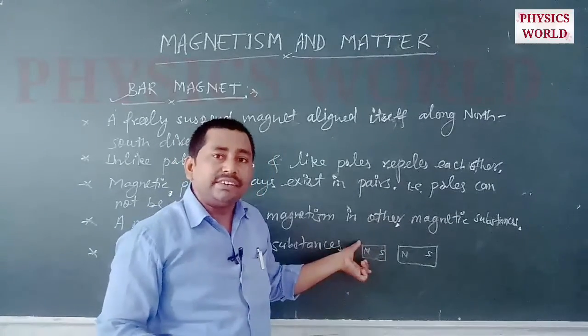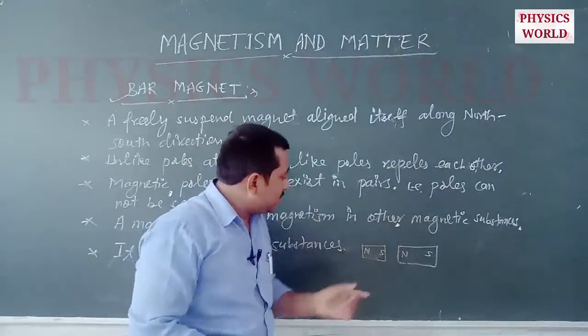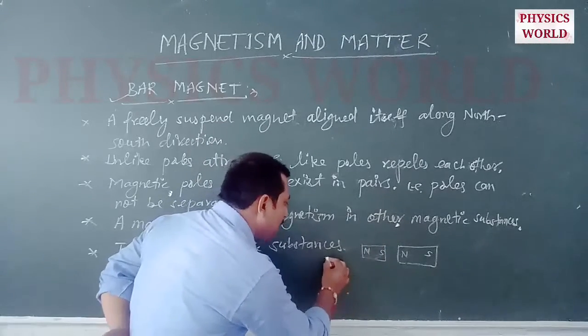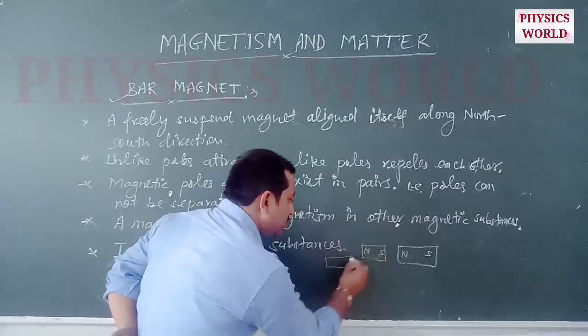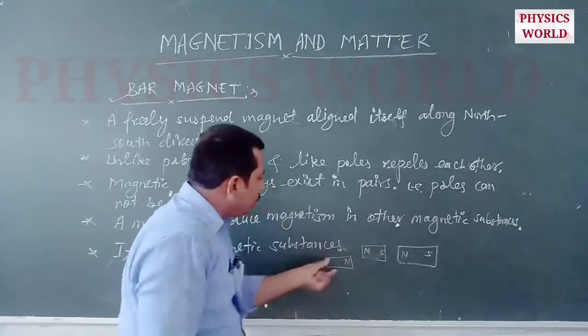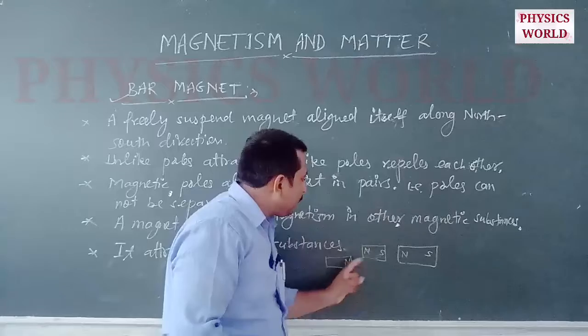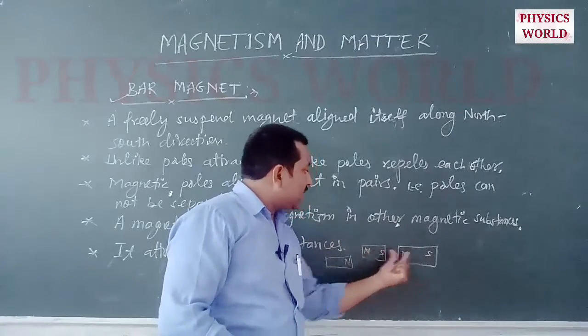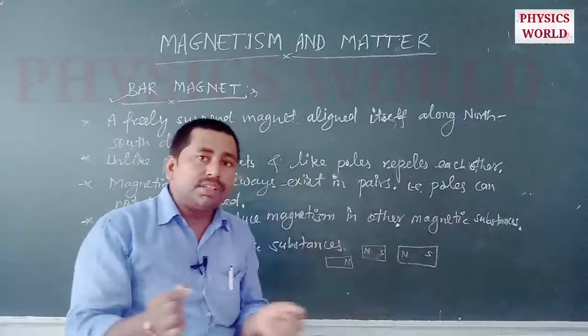It can be easily confirmed that when we place another bar magnet near this portion of the magnetic substance, the north pole of this bar magnet repels this magnetic substance, while the same magnetic substance can be attracted by both portions of a single bar magnet.